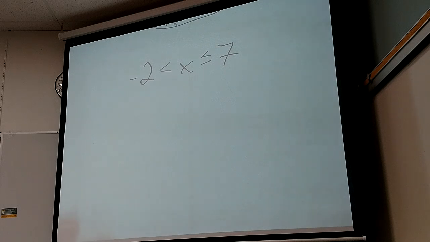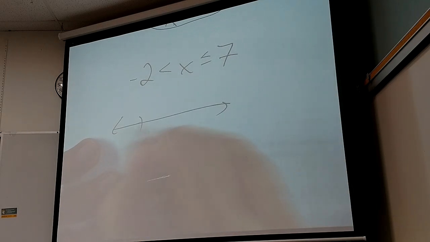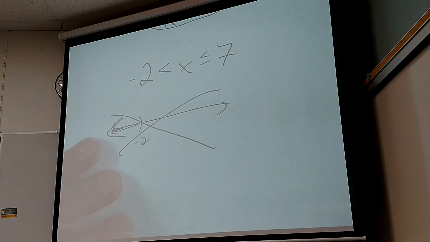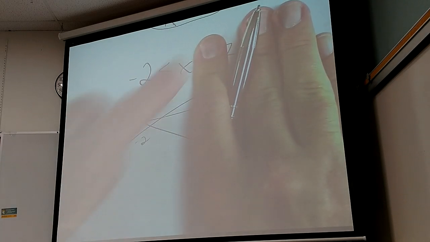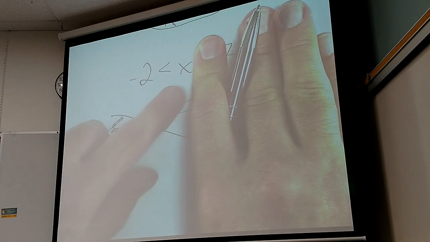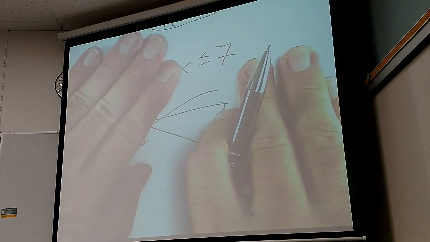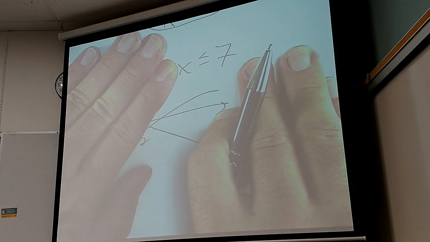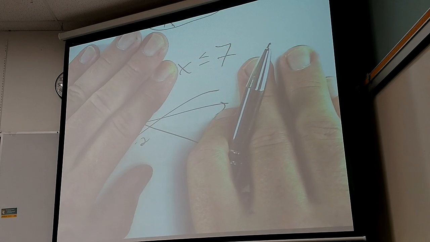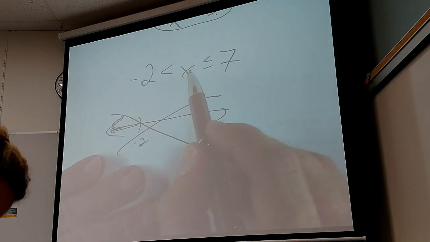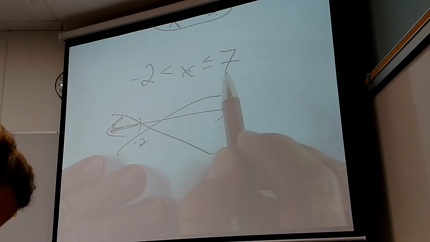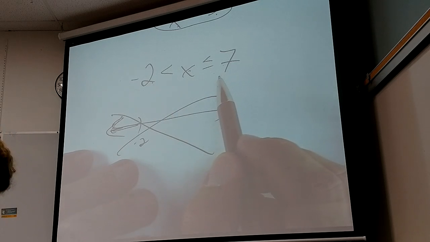I always get people that do weird things. They have -2 and they shade down. No, stop it. What does it say? X has to do 2 things. X has to be, read it this way, greater than -2 and less than or equal to 7. So the best way to read this kind of thing is x has to be between -2 and 7. That's very direct.